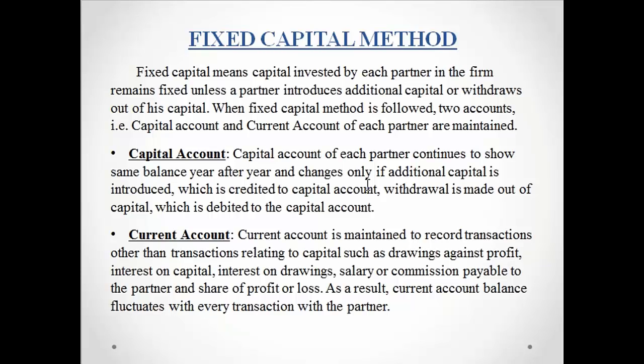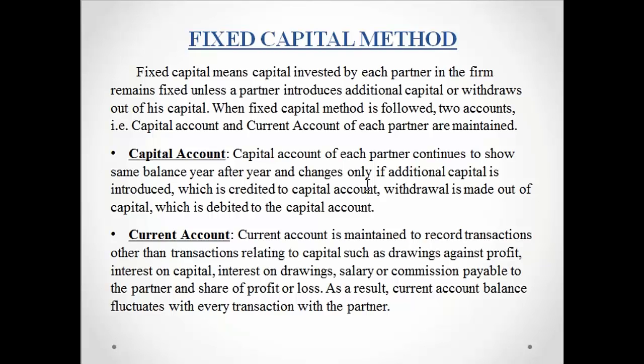It is prepared separately when the capitals are fixed, only to record the transactions related with capital. The common examples are opening balances of capital, additional capital introduced, and capital amount withdrawn by the partner. These three are the examples related with capital. Only for recording transactions related with capital, we prepare a separate account called partner's capital account if the capitals are fixed.